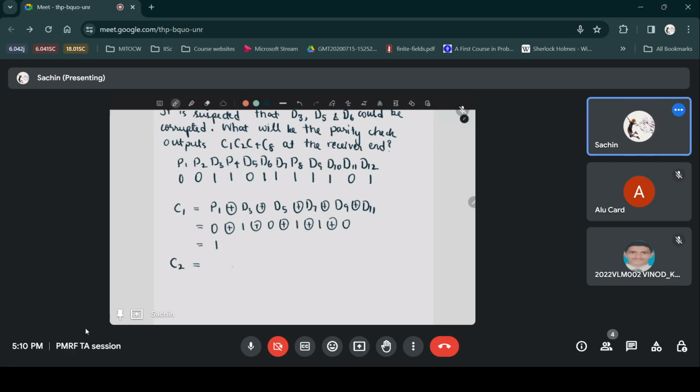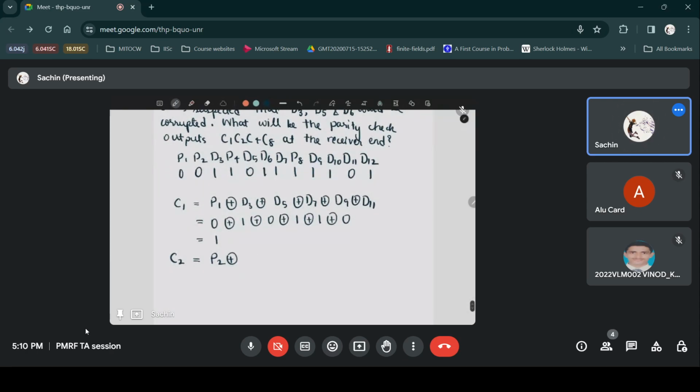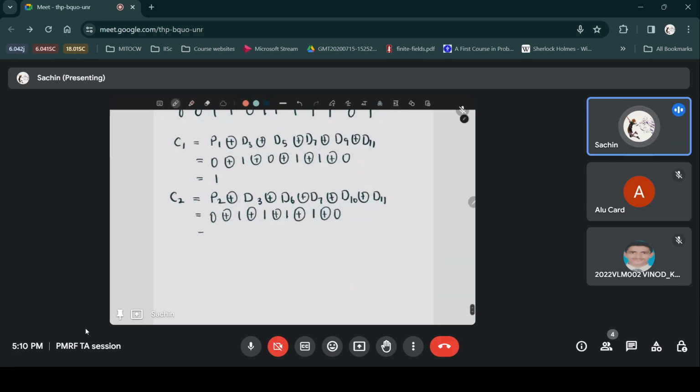C2, similarly P2 with the same set of bits used to generate P2. That is D3 XOR D6 XOR D7 XOR D10 XOR D11. So if we do that, it's 0 XOR D3 is 1, D6 is 1, D7 is 1, D10 is 1, D11 is 0. There are 4 ones, so it's 0.